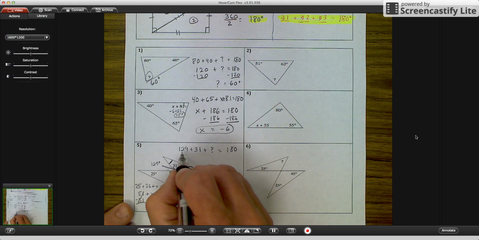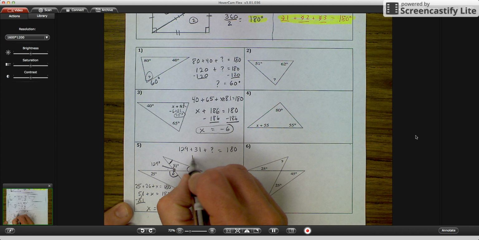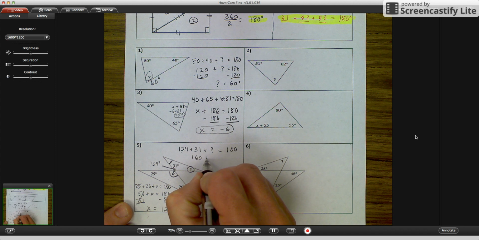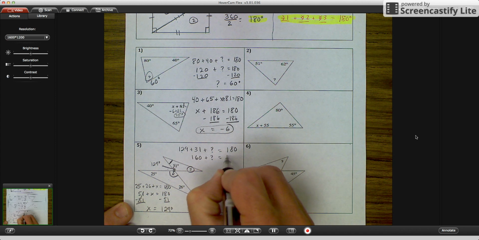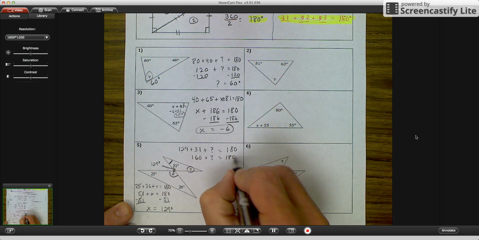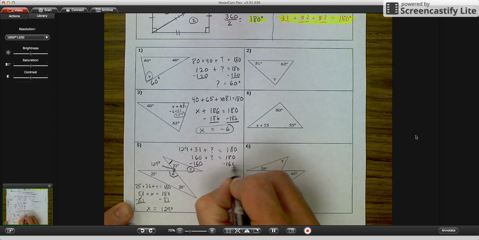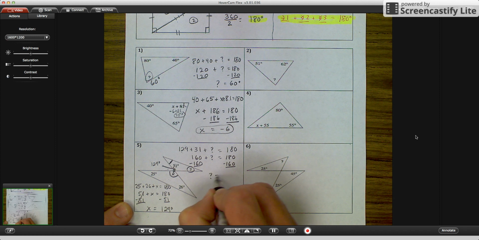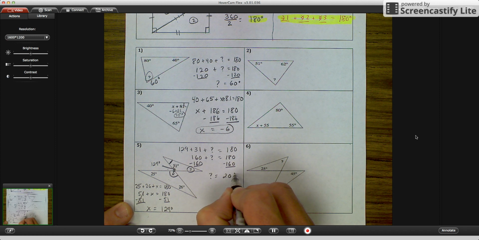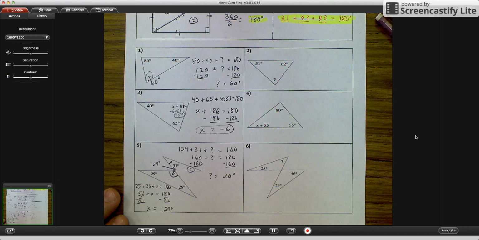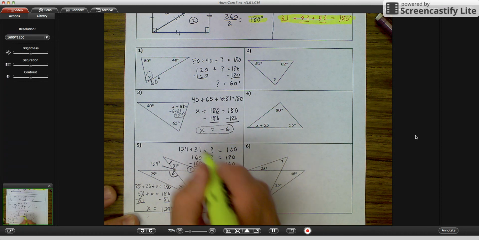Then 129 plus 31 would be 160 degrees, plus our question mark is equal to 180. Subtract our 160 from both sides, and you get our question mark is equal to 20 degrees. And this is our answer there.